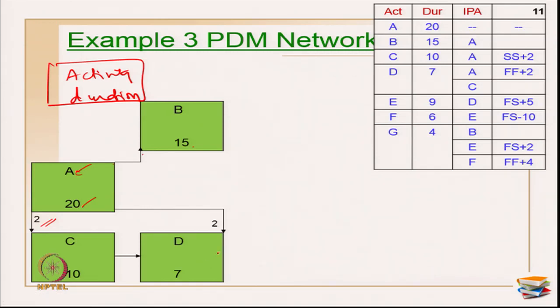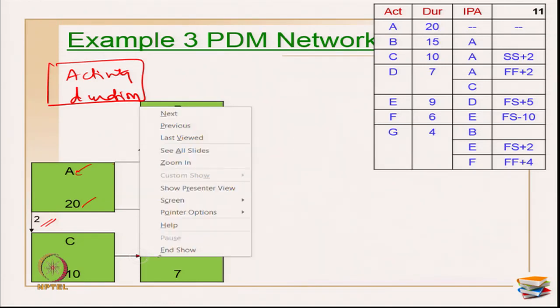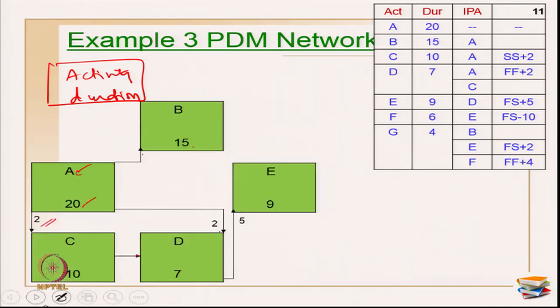Next, activity D, I have finish relationship with A with a lag of 2, that is shown here, and there is a default one with C also, which implies a default finish start relationship with C is also there. Okay. Next is activity E. Activity E has a predecessor A and the relationship is finish start, but there is a special condition given of 5 days of lag. Okay. Then I have activity F.